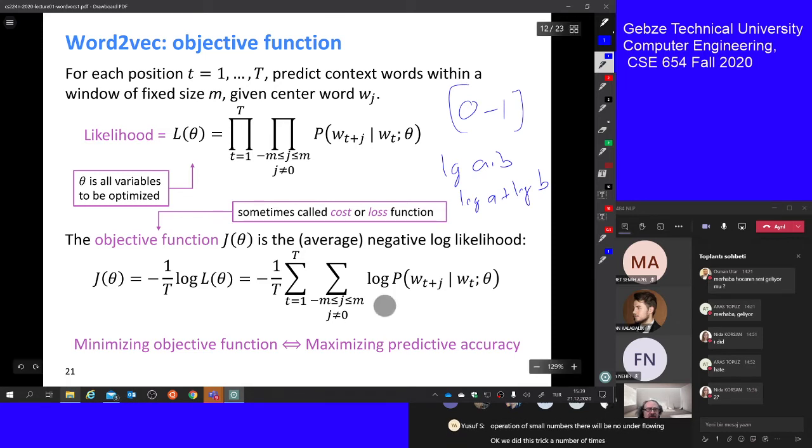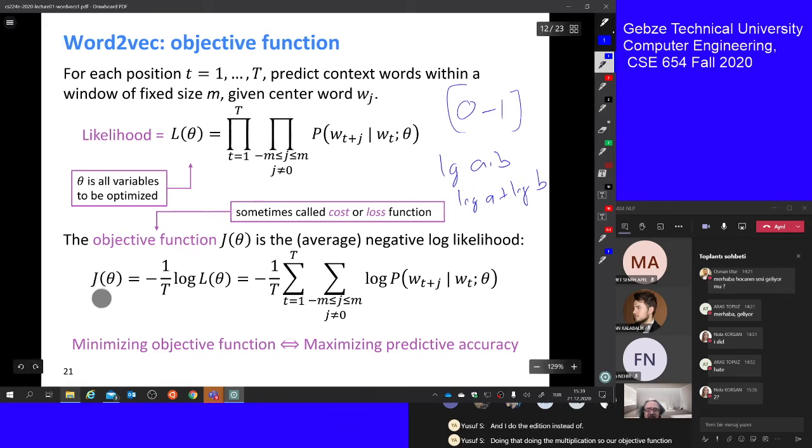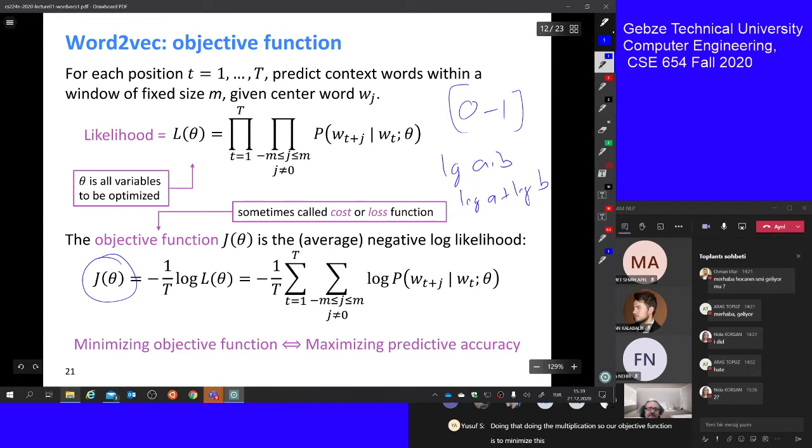So I take the logarithm and do the addition instead of the multiplication. Our objective function is to minimize this J theta, and theta includes all the system parameters. What the thetas are exactly, we are going to see in a few minutes. But I am mostly wondering about this P now. How should I calculate this P?